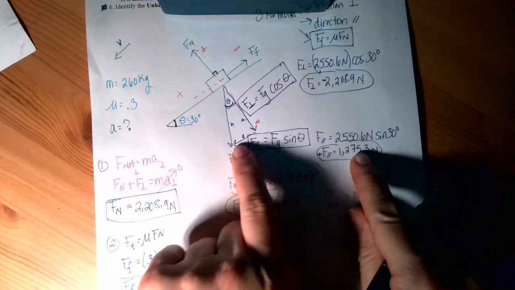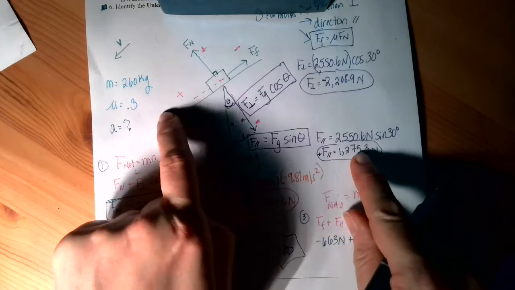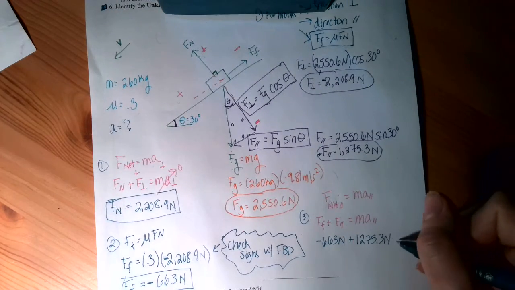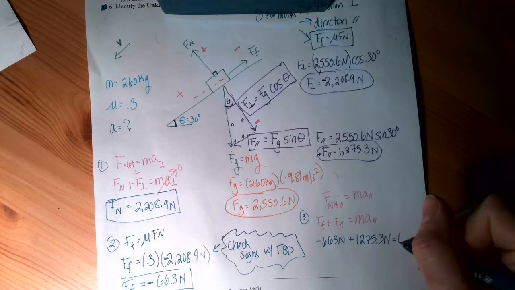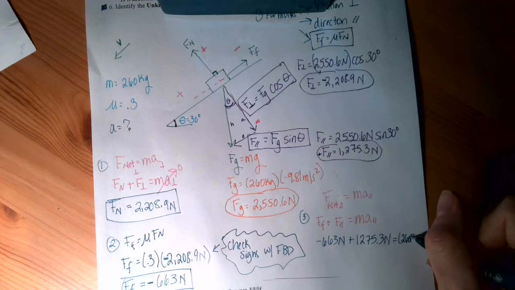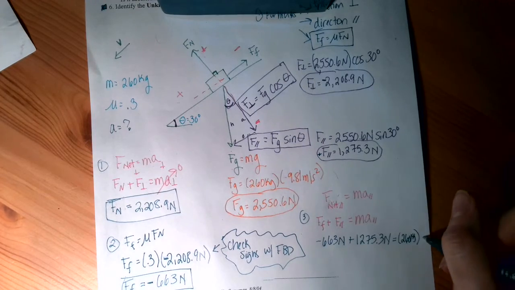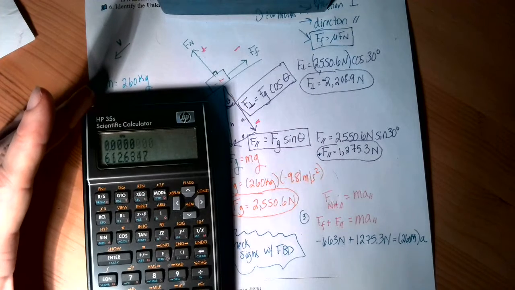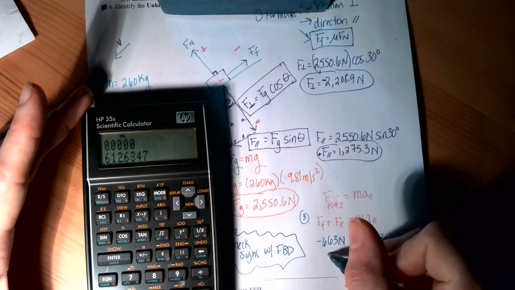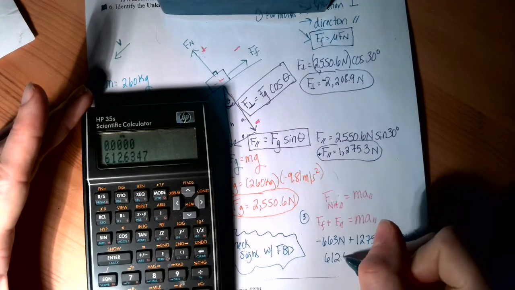And let's look at our picture. The force parallel makes it want to slide down the hill. I said down the hill was positive. So that's positive. Equals the mass, which they gave us was 260 kilograms, times A. All right, so let's do the math here. When I subtract these, I get that this is 612.6.